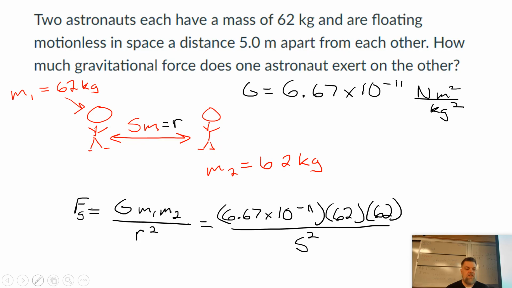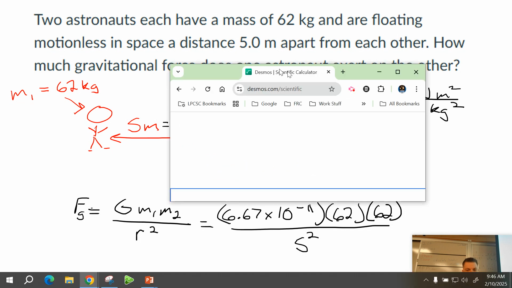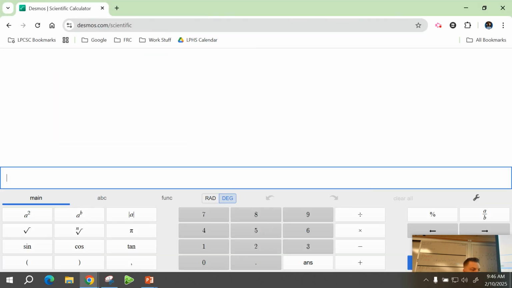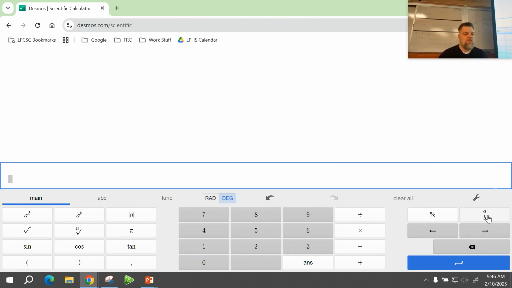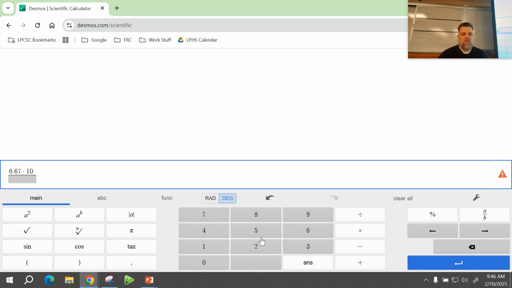So now for this, I'm going to pull up my fancy Desmos calculator. You can literally just plug this into your Desmos calculator in one swoop and get it all done. I'm going to hit this fraction button, and I'm just going to say 6.67 times 10 raised to the negative 11.